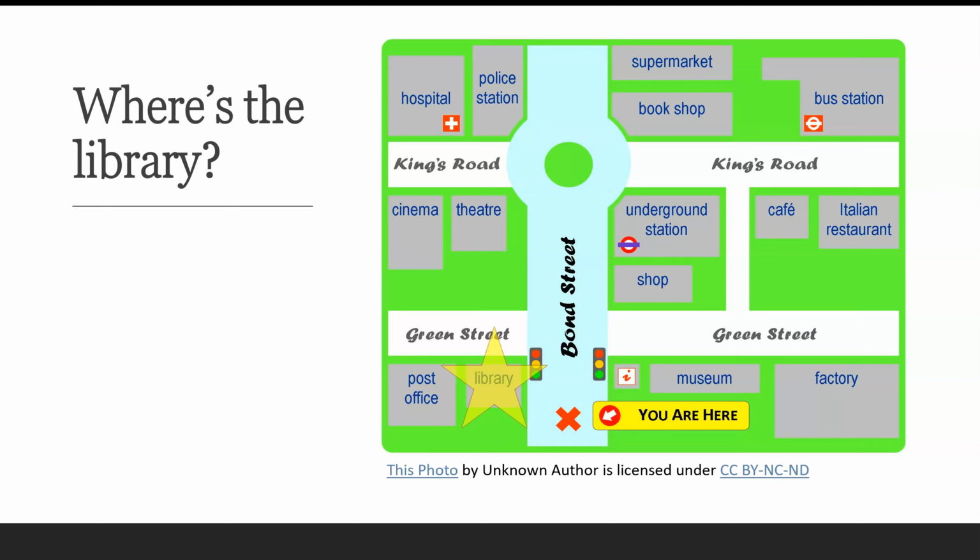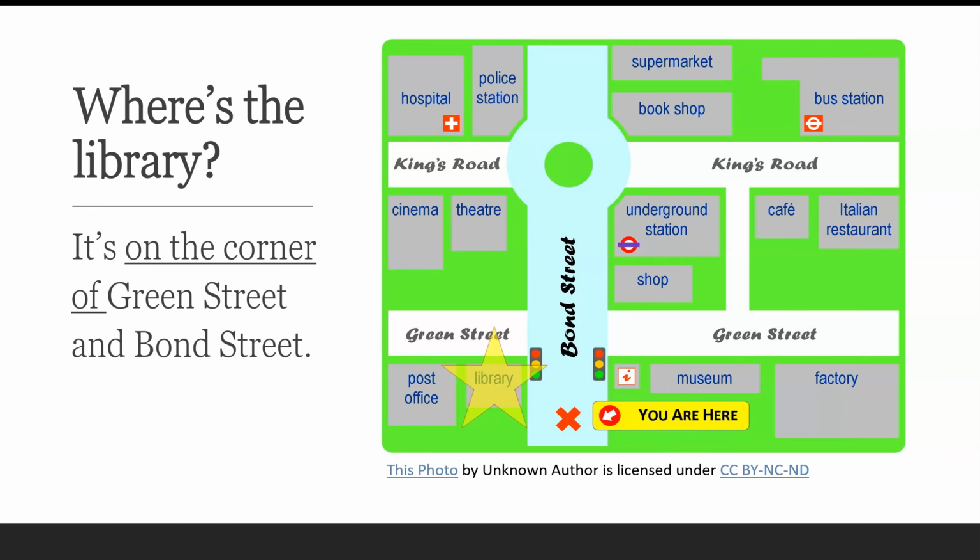And there's going to be many different styles for the answers, but I'm going to give you an example. So here, the library, it's on the corner of Green Street and Bond Street. Okay, that's one example.